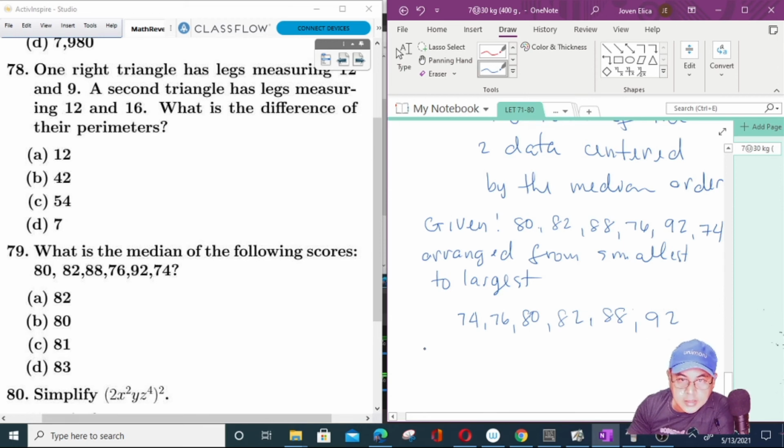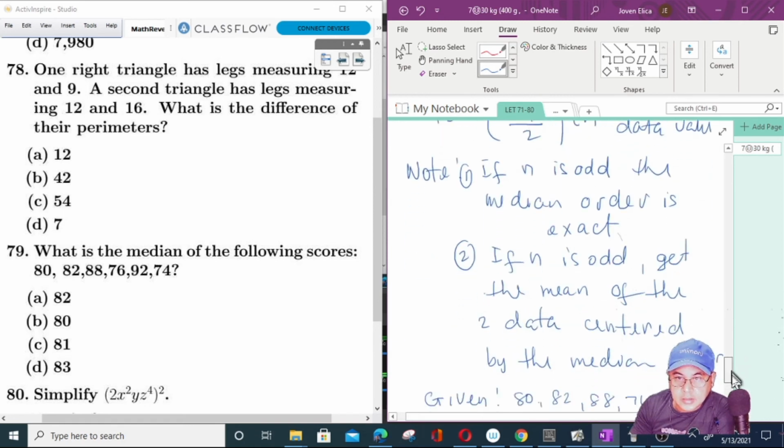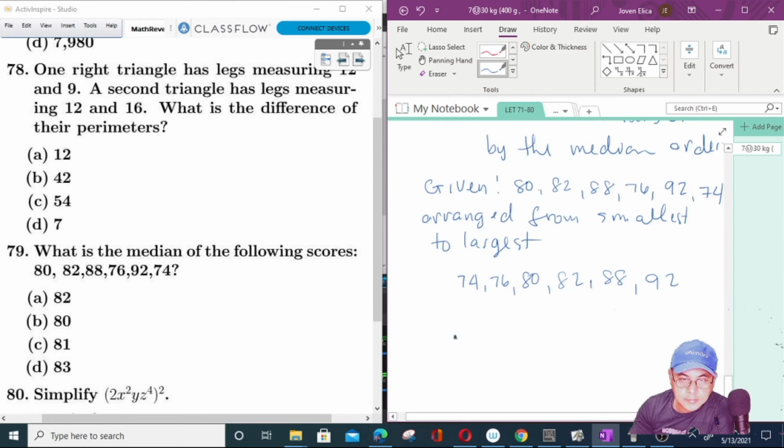So therefore, if we're going to apply n plus 1 in order to get the median of the data, the median is equal to n plus 1 over 2.